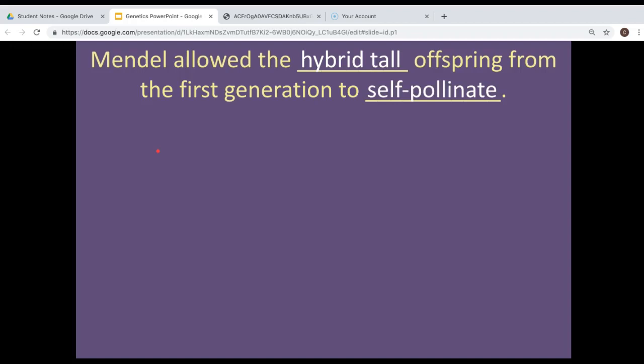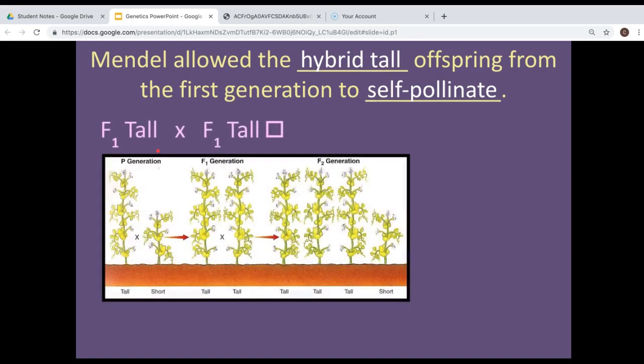So we allowed this to pollinate itself. So we had two hybrid tall plants. Remember, it's hybrid, so this is coming from the tall mixed with the dwarf plant. And what he found was very interesting.